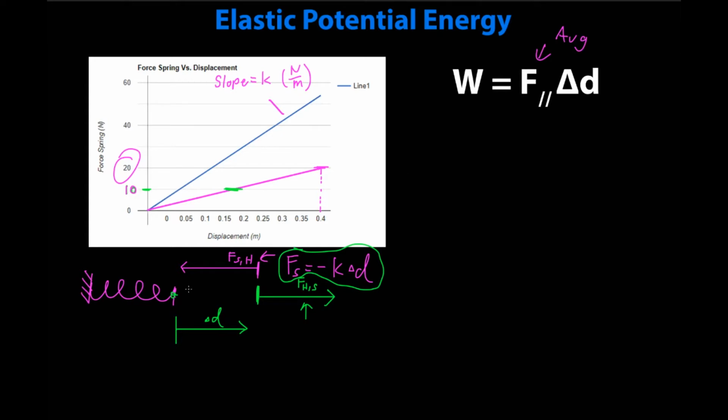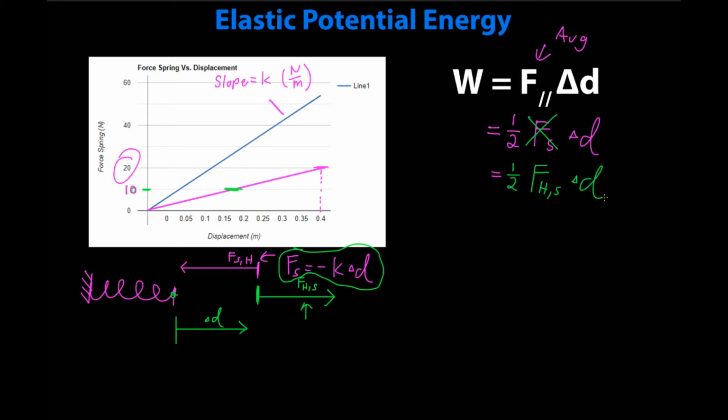And since the initial force will always be 0, and you're stretching it to that final point, that means my force parallel is actually 1/2 force spring delta d. So that means my work equation is actually 1/2 force spring times delta d. Except the truth is, it's not actually force spring.